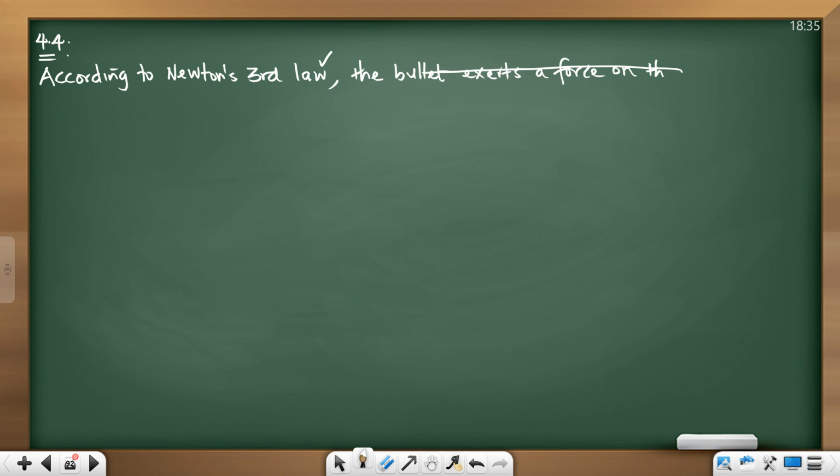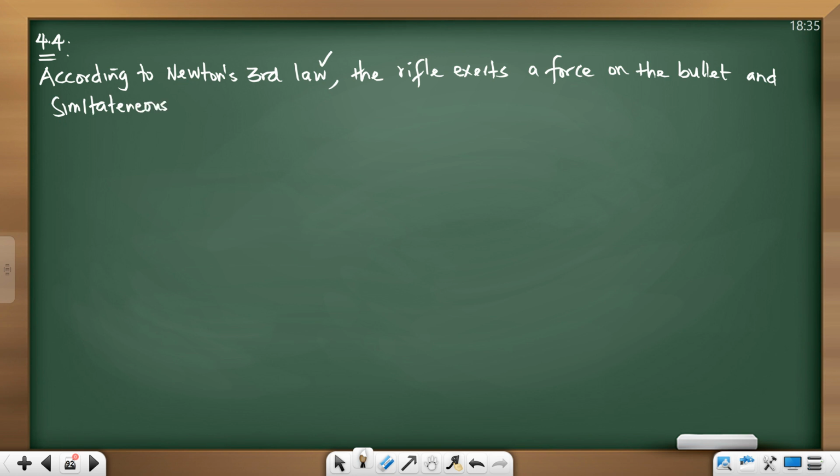Let me start with the gun. Sorry. Because, let's see, the rifle exerts a force because it's been pushed. Exerts a force on the bullet. And simultaneously, do you notice we are in a way stating the law?